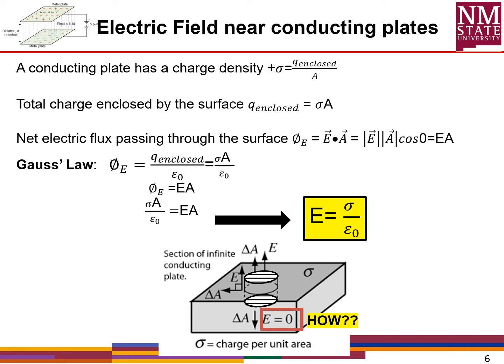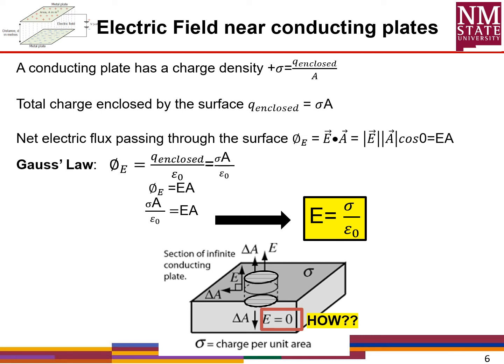In that case, we had a 2 in the denominator, but in this case we don't have any number in the denominator because we only consider this one surface, since the contribution from the third surface and the second surface to the flux is equal to 0. So finally, the electric field near a conducting plate is equal to sigma, the charge density, divided by epsilon 0. That's very important.